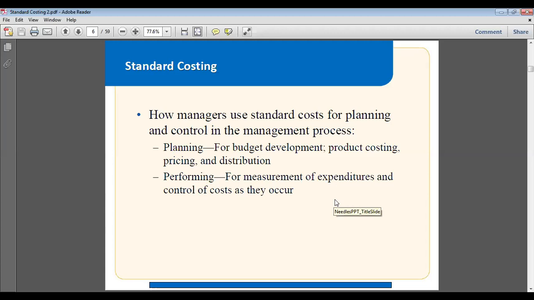Performing is for measurement of expenditures and control of costs as they occur. As we discussed in the last slide, actual performance is taken into consideration and compared with the predetermined standard performance.